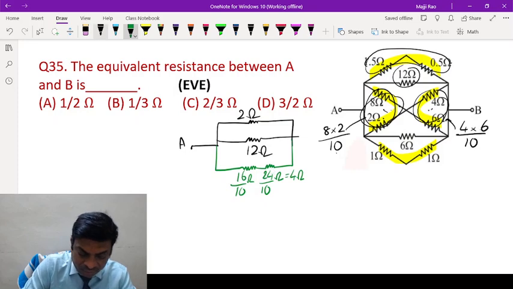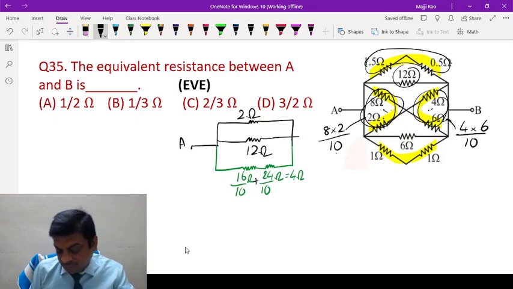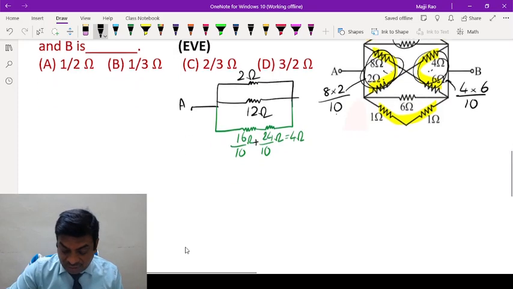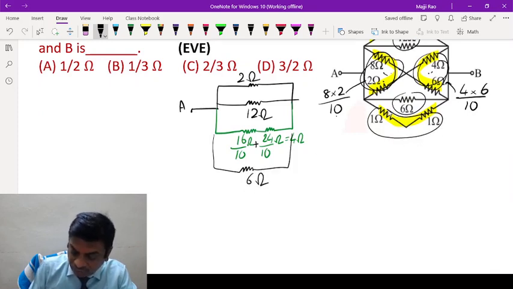If I'm not wrong, 16 plus 24 is 40. 40 by 10, 4 ohm. Then we have 6 ohm here. And finally, 1 ohm and 1 ohm in series, 2 ohm.